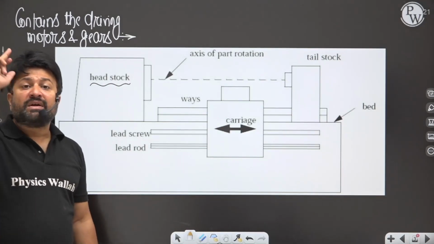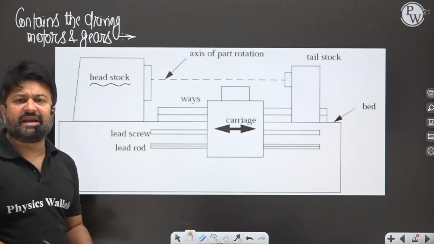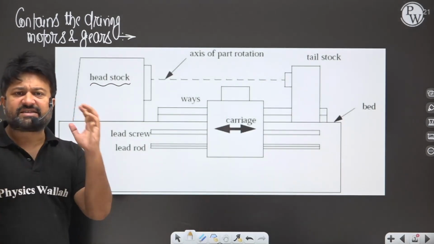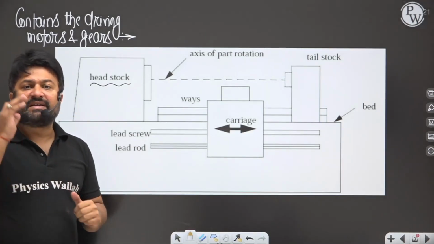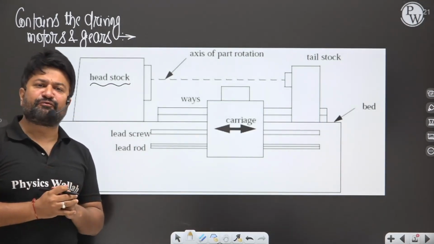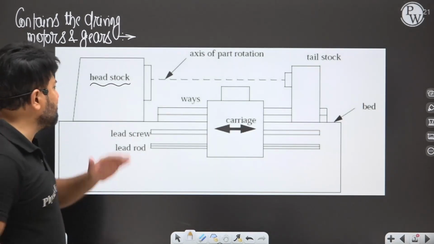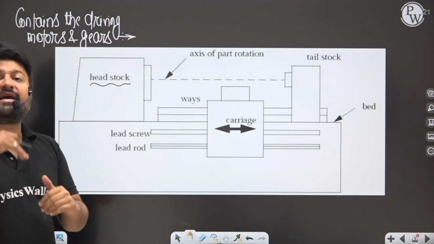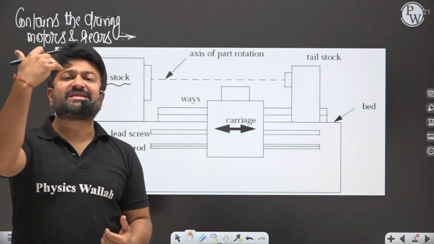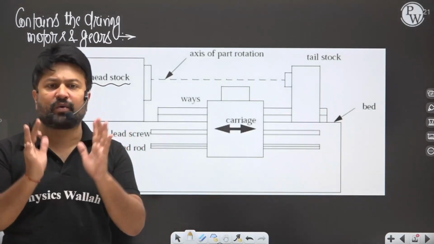This typically has levers that let the speed and feed be set. By adjusting the lever, you can set the speed which is required.